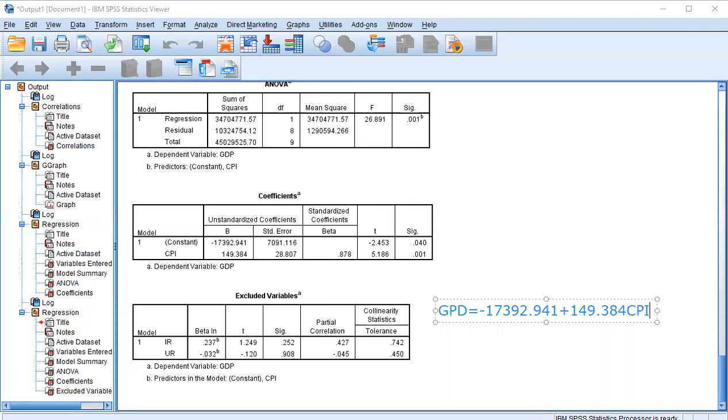This is a very good model, accounting for close to 80% of the variation within the GDP.